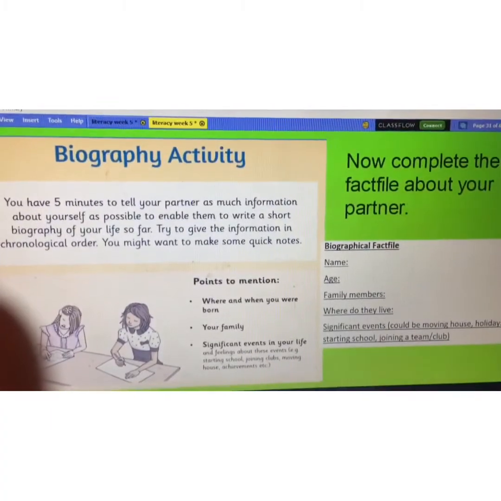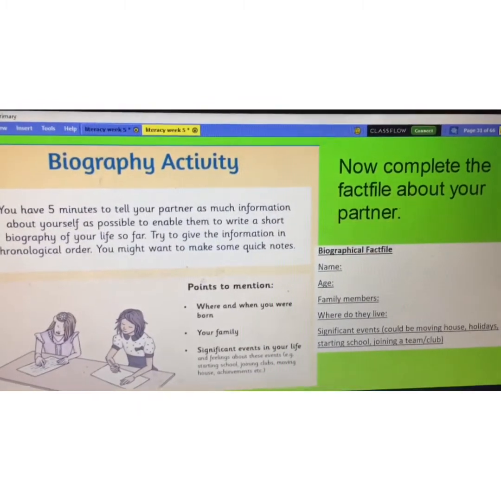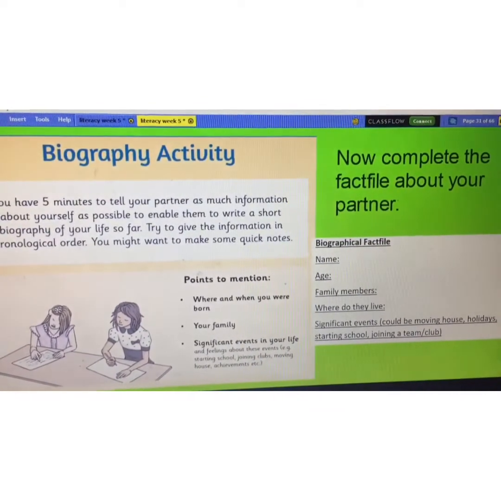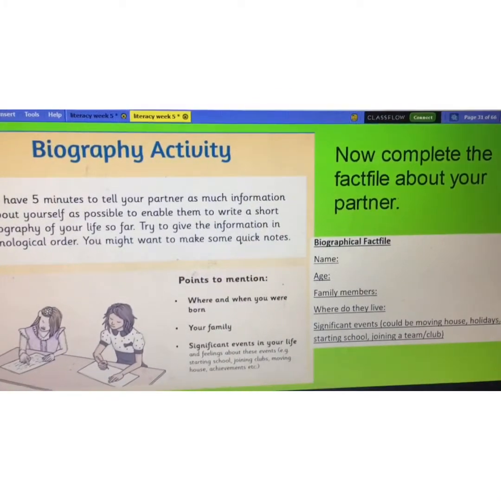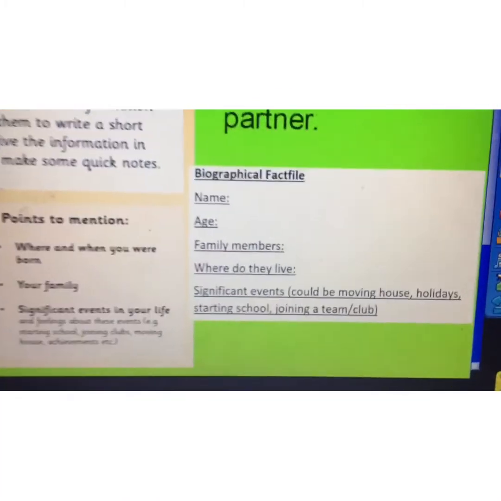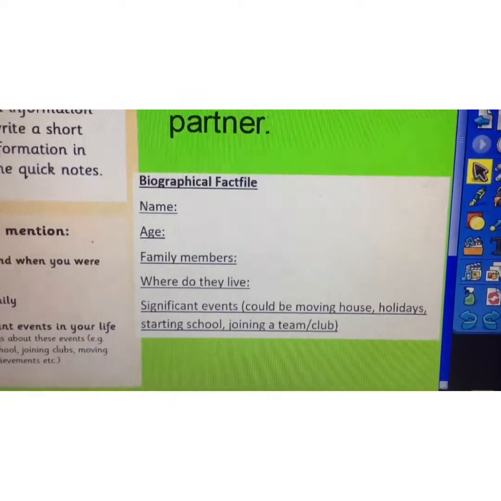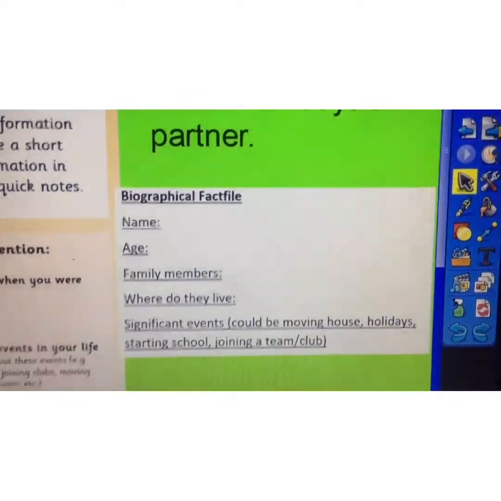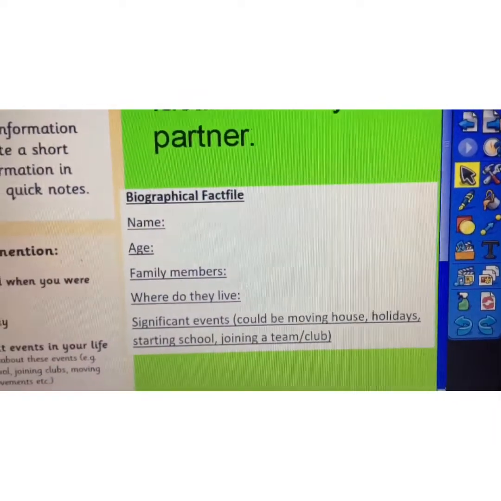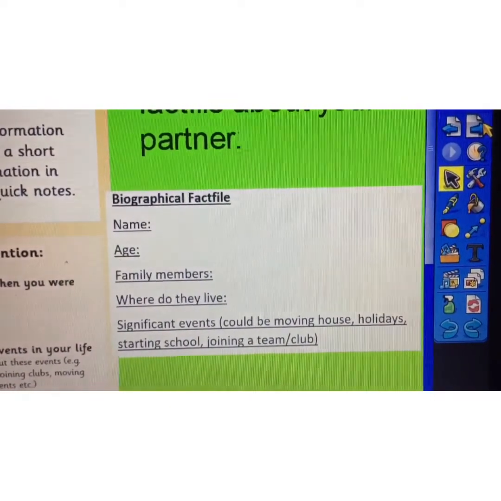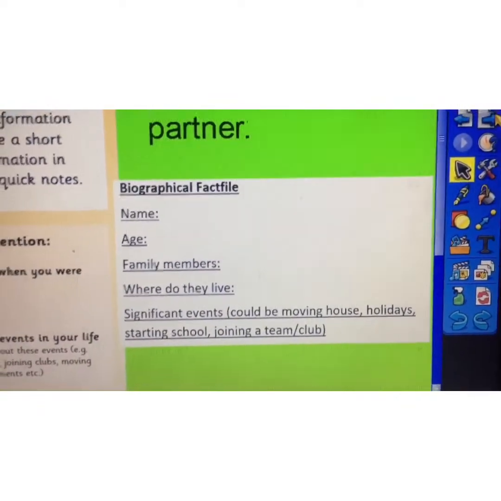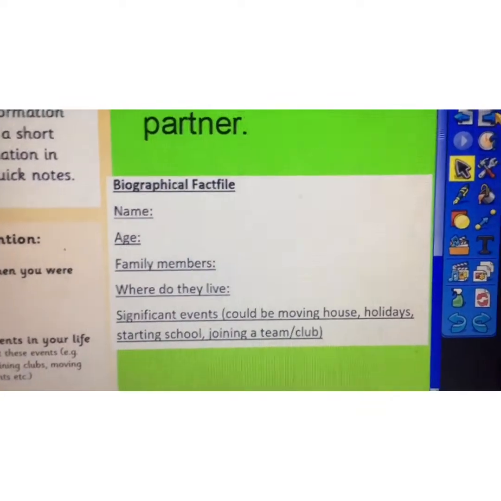The second activity I'd like you to do today is I would like you to have a go at writing a small biographical fact file about somebody. Now, you have a little template, a writing frame that looks like this. It might be that you want to write this about somebody you know, a friend, a member of your family, or you might want to do it about your favourite famous person.